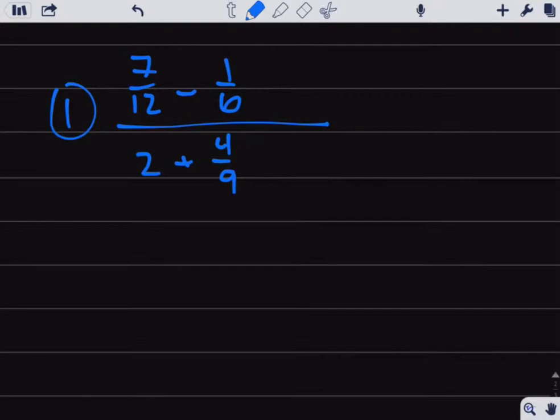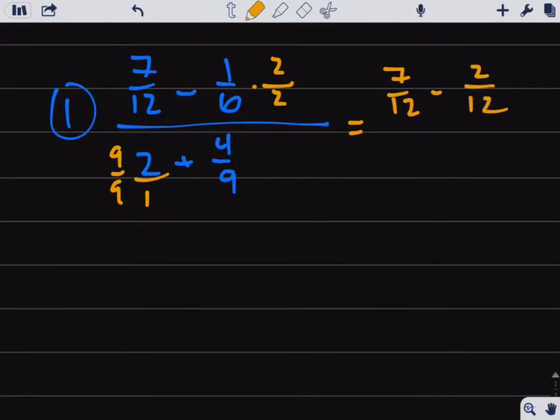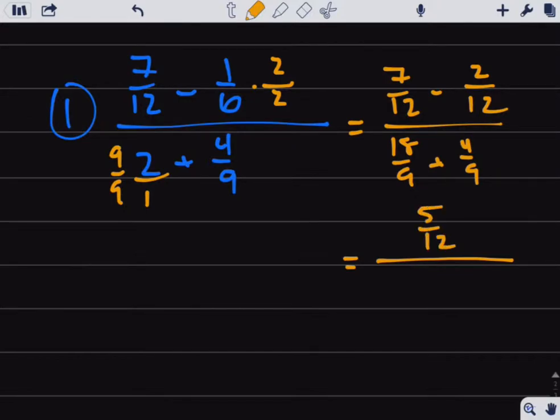I'm going to get common denominators on the top and the bottom. So that's 7/12 minus 2/12 over 18/9 plus 4/9. I can take that another step, and that gives me 5/12 over 22/9.